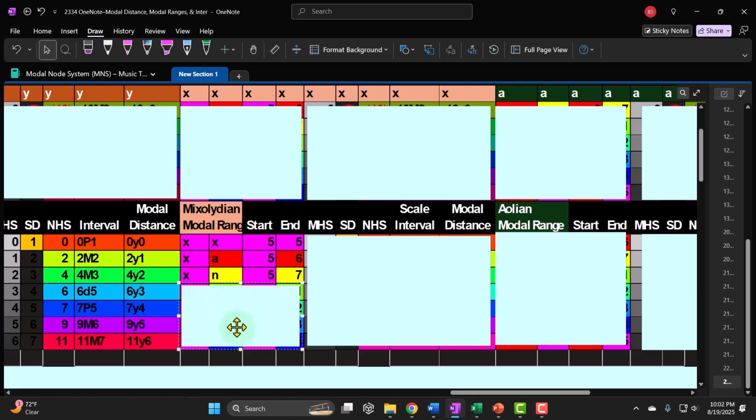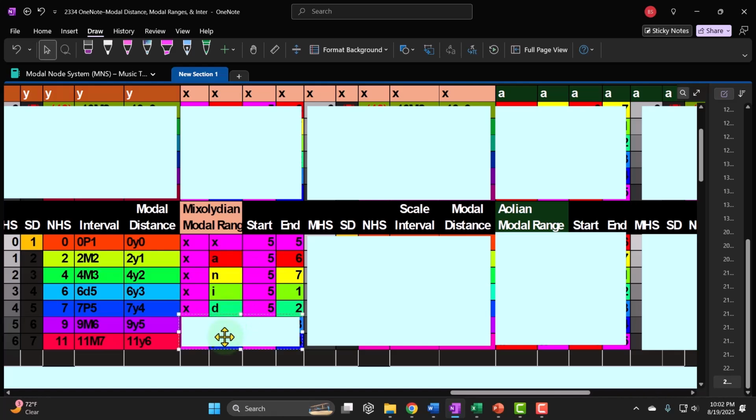What about a Mixolydian to Locrian, an XN modal range, a magenta to yellow modal range, a mix to a Loc modal range, a 5-7 modal range. An XI modal range is Mixolydian to Ionian modal range, a mix to Ion modal range, magenta to yellow-green, a 5-1 modal range.